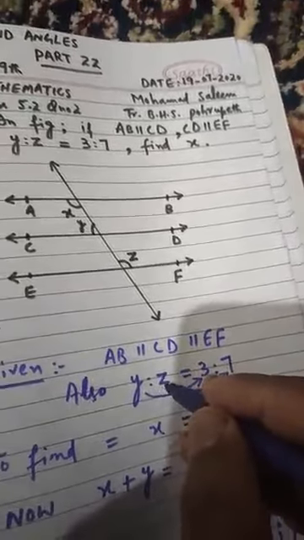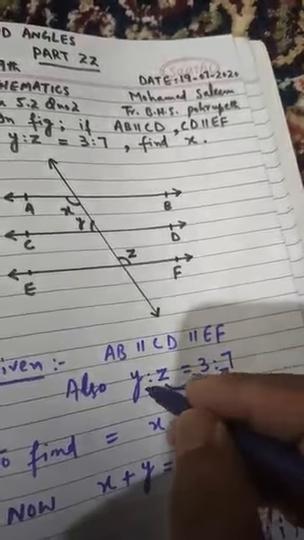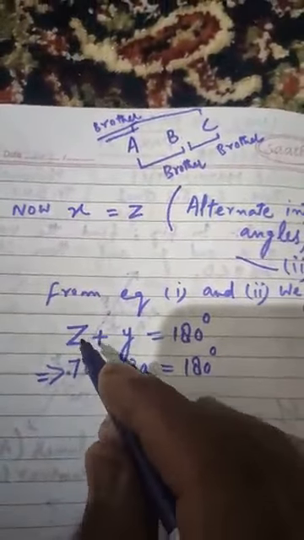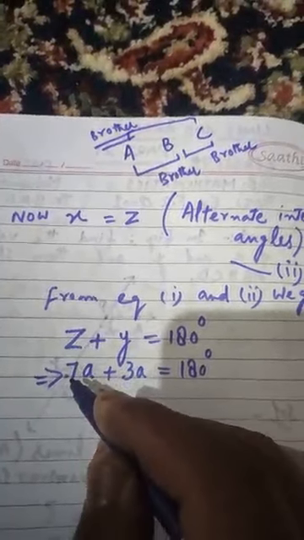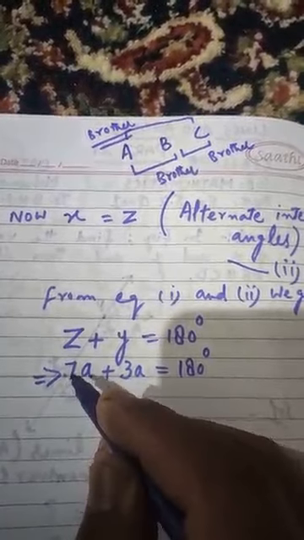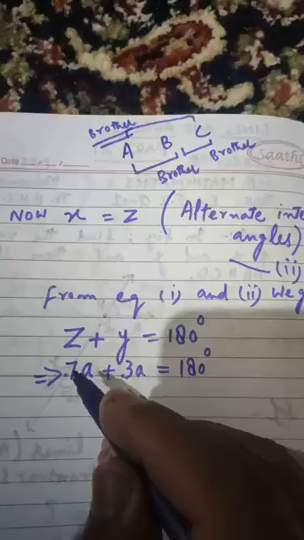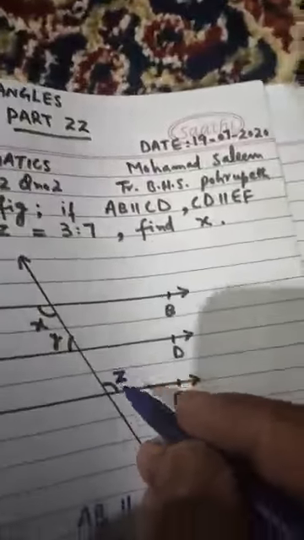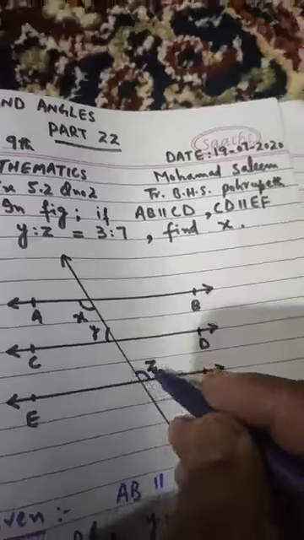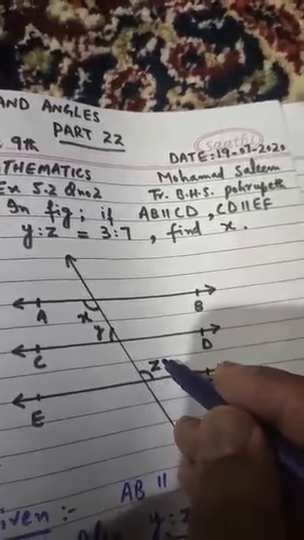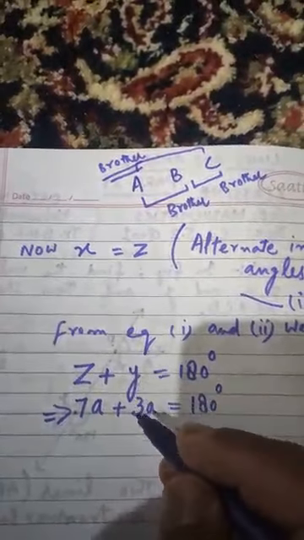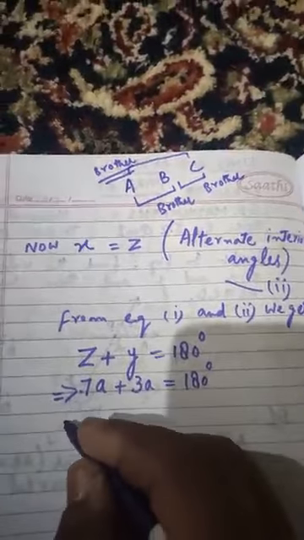So instead of z we have written 7, and instead of y we have written 3, but a is with them, because z is not only equal to 7 degrees; it is only 7 parts, which means z is still unknown. Whenever anything is unknown to us, we use variables. So we will write 7a here, and instead of y we will write 3a. Try to find their sum.